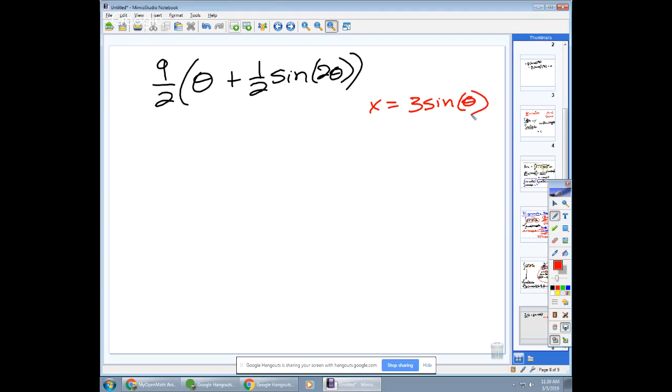To solve that for theta, divide by 3 and take the arc sine. So that's theta.